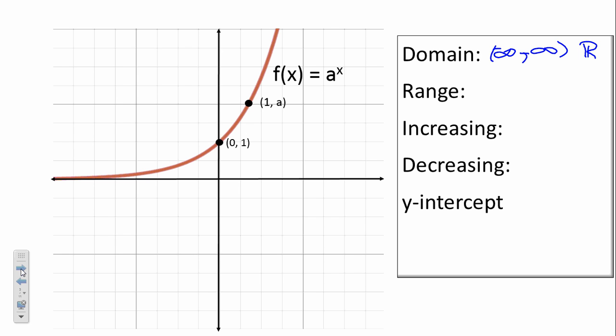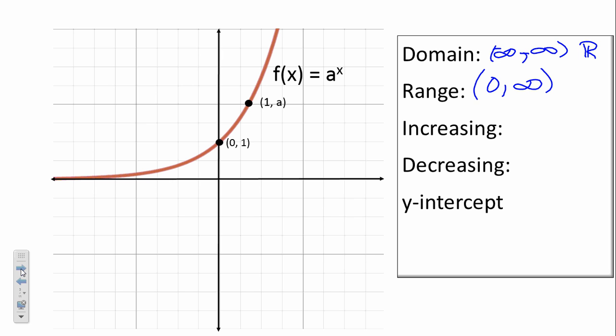How about the range? Good. 0 to positive infinity. This looks like it's asymptotic to the x-axis, right? We'll never, ever touch 0, so we'll have an open parenthesis, 0, comma, infinity.